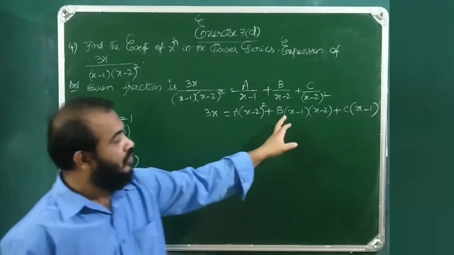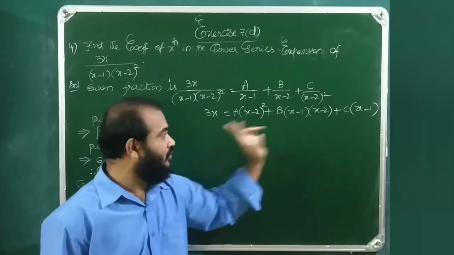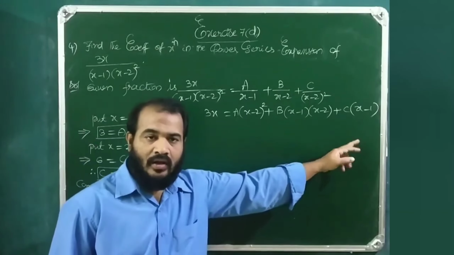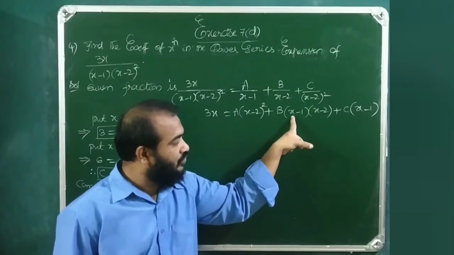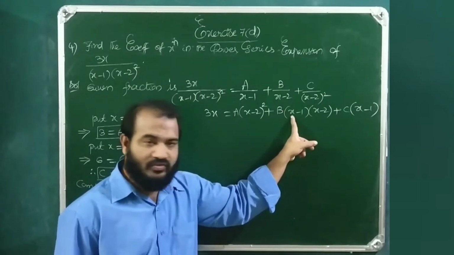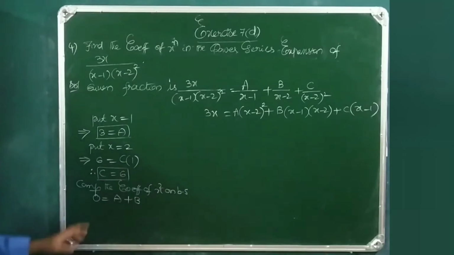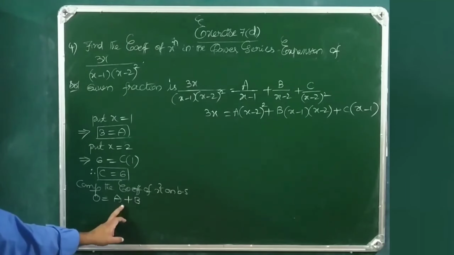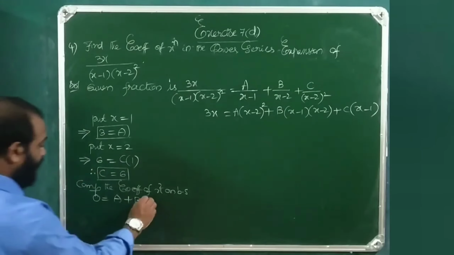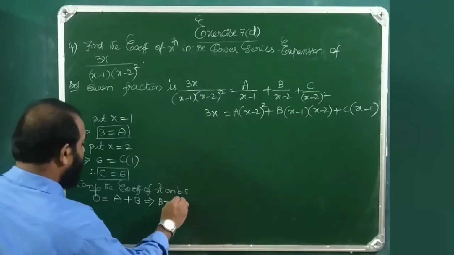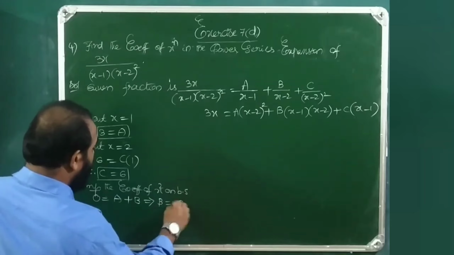Plus, here also, x into x square, the coefficient is b. And many terms are there, among them only the x square term is this, its coefficient is b. So, 0 equals to a plus b. From this, b equals to minus a. So, minus 3. B equals to minus 3.